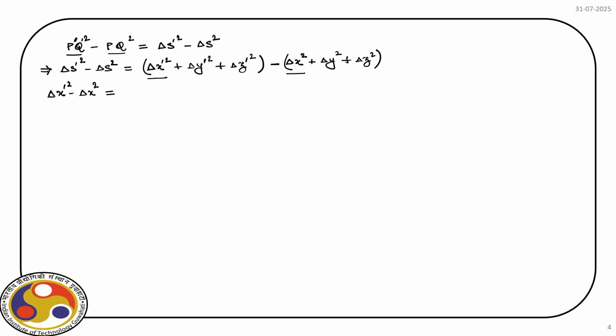So, we can express this delta x prime, we know the expression. So, that is delta x plus delta u x whole square minus delta x square, right. So, if we simplify this, delta x square will get cancelled.